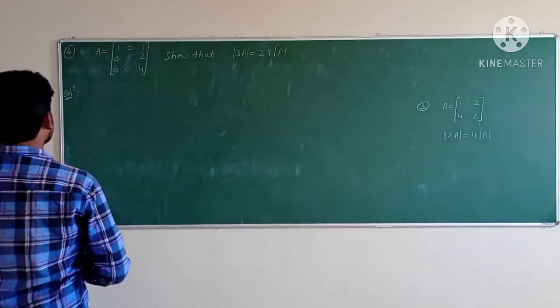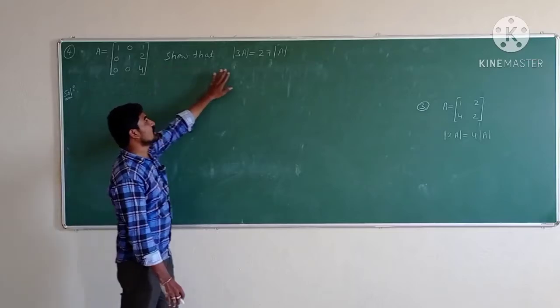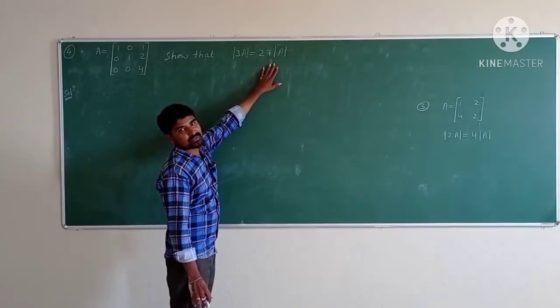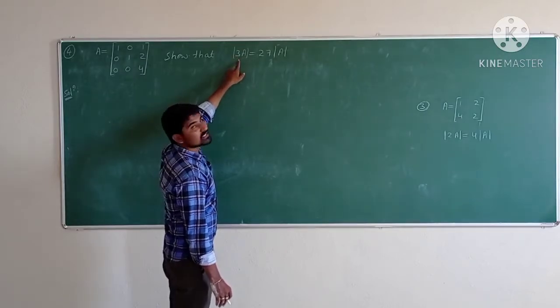So now the fourth question. Here he has given the matrix A and we need to show that the determinant of 3A is equal to 27 into determinant of A. For that, first we need to find the matrix 3A.